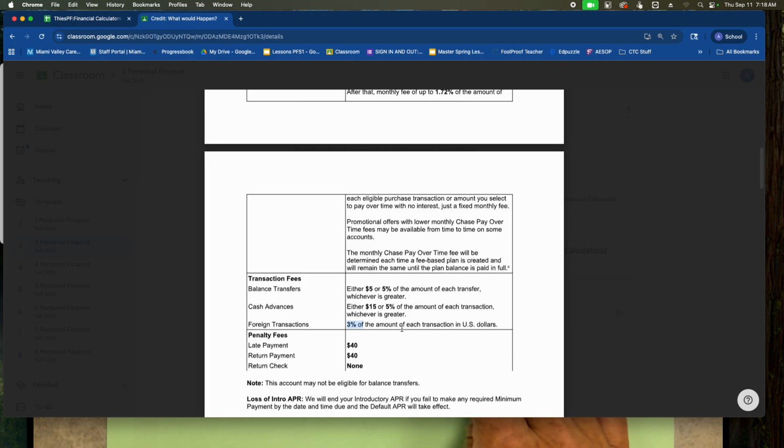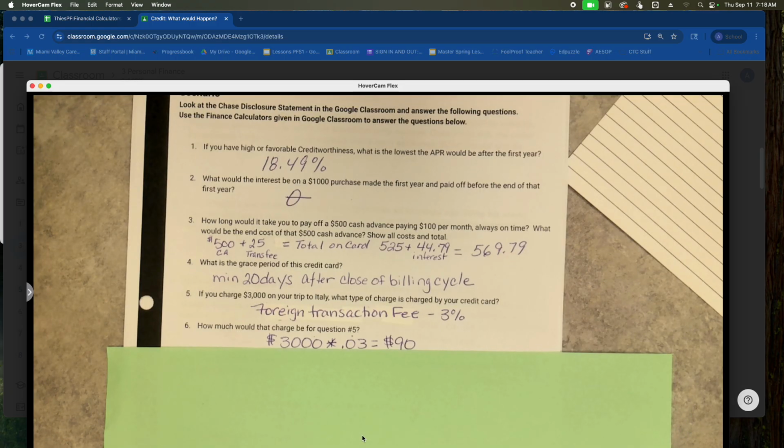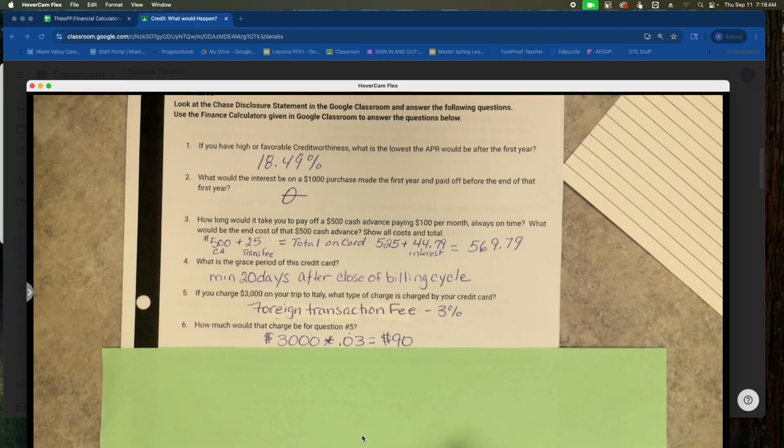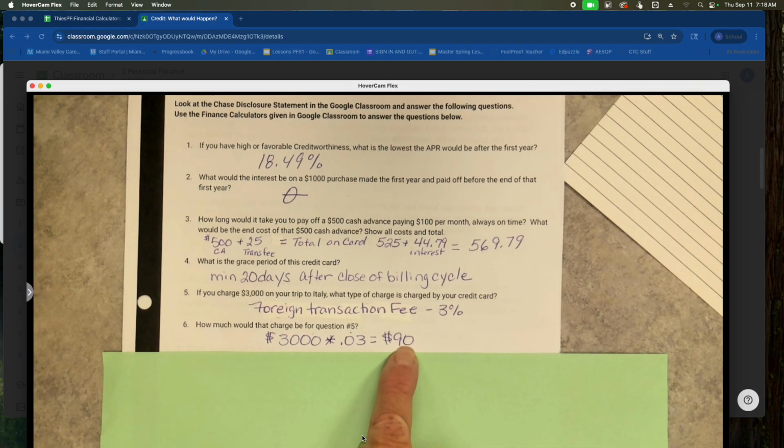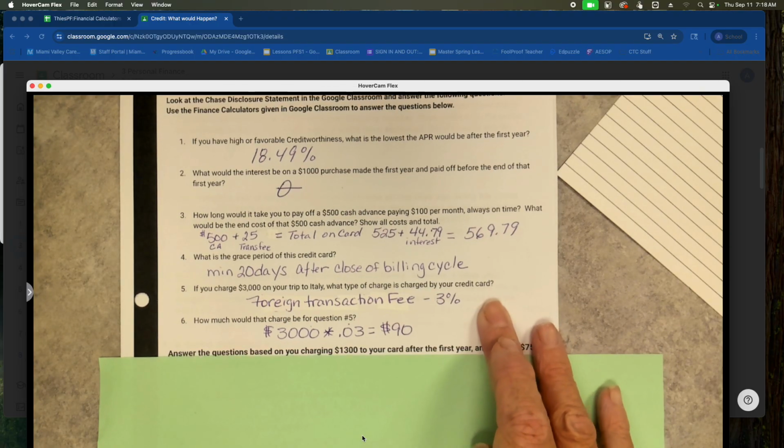So that is called a foreign transaction fee, and it is 3%. The next question says, how much would that foreign transaction fee be? That is going to be 3,000 times 0.03, or 3%, whichever one you want to do, and you're going to get $90.